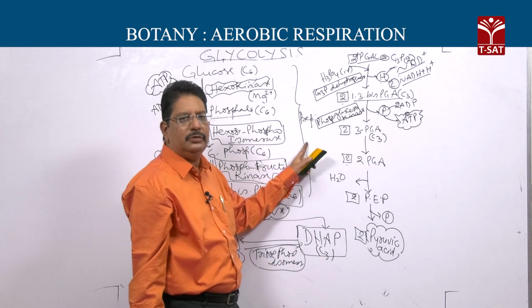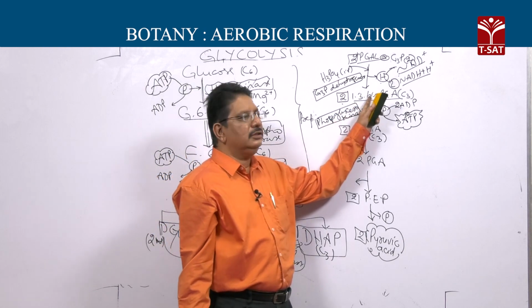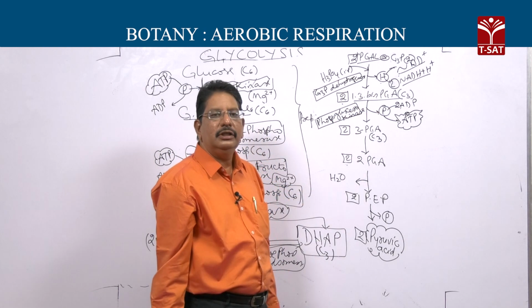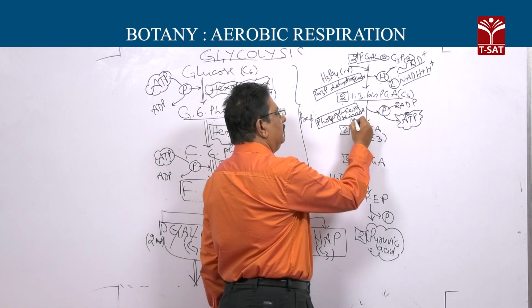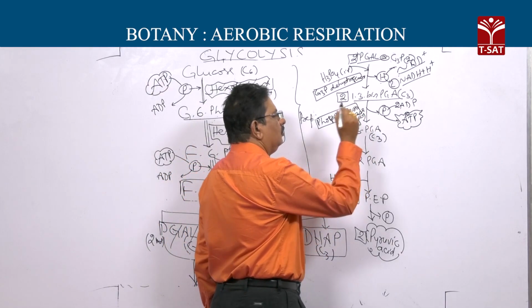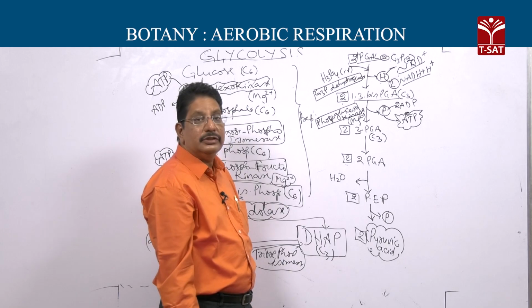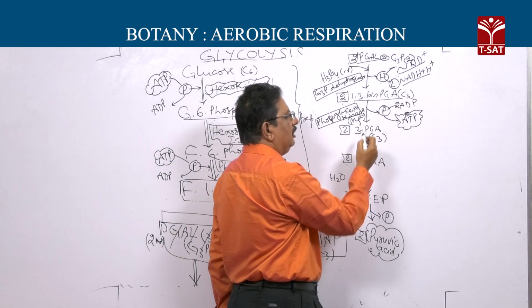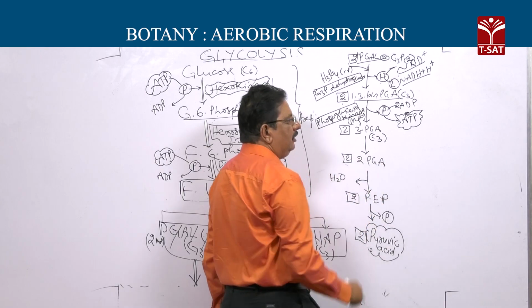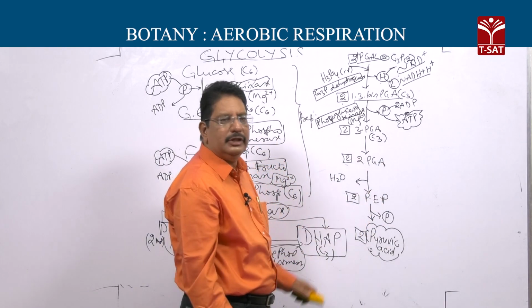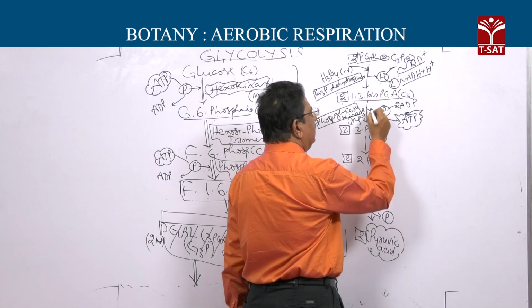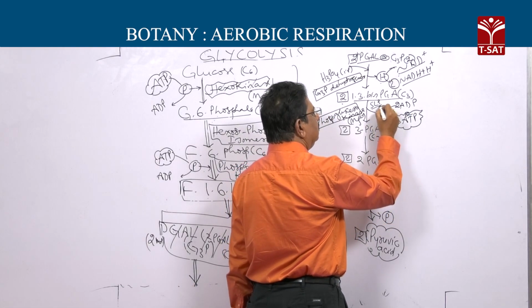Phosphoglycerokinase is an enzyme which catalyzes this reaction, conversion of 1,3-bis-PGA into 3-PGA. Again, magnesium is the cofactor. So, this formation of ATP when one substrate converts into another substrate without participation of ETS is popularly known as SLP.